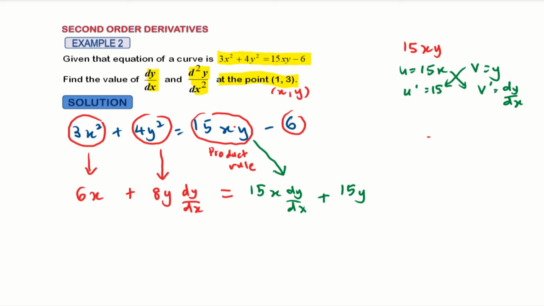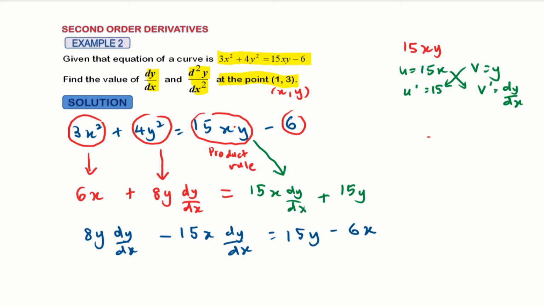So jadi kita boleh terus ganti x1 dan y3. Tapi sebelum tu Maida nak susun dia supaya sebelah kiri Maida nak letak yang ada dy dx dan sebelah kanan nak letak yang ada y. So 8y dy dx minus 15x dy dx equals to 15y minus 6x.